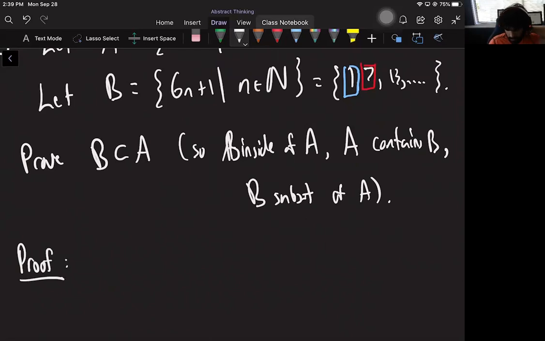I'm just using the definition of subset. I'm trying to show B is a subset of A, so that means I have to show that if I have anything inside of B, then it's in A as a result.